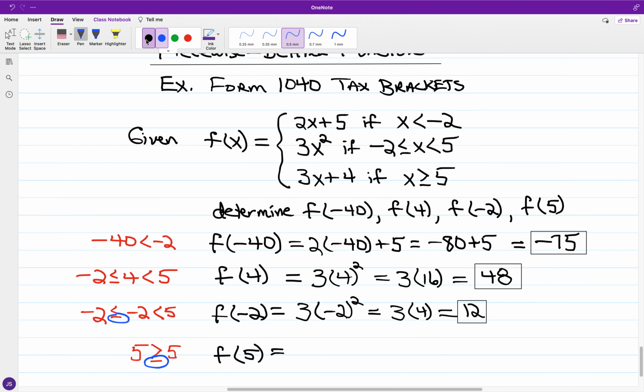And in terms of what to do with 5, you have the corresponding function portion that matches. So you have 3x plus 4, and with x at 5, we're now going to have f of 5 equal to 3 times 5 plus 4, and 3 times 5 is 15, and 15 plus 4 equals 19.